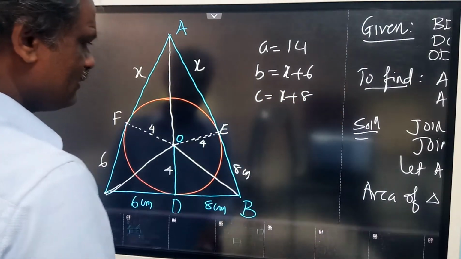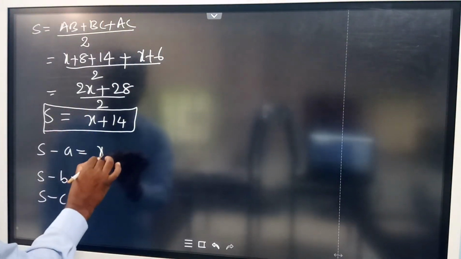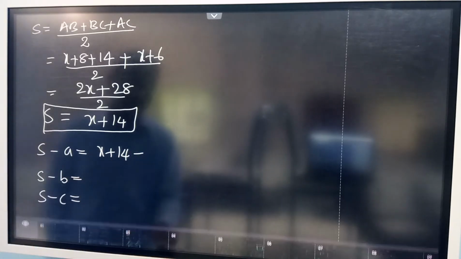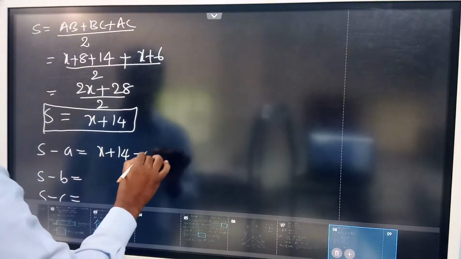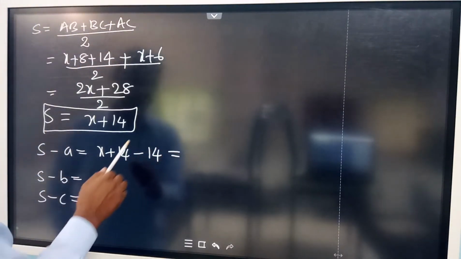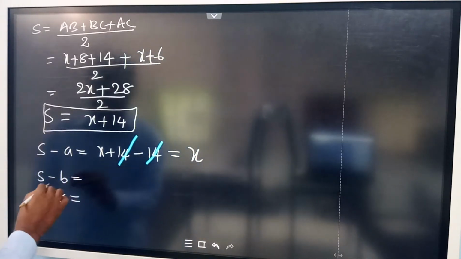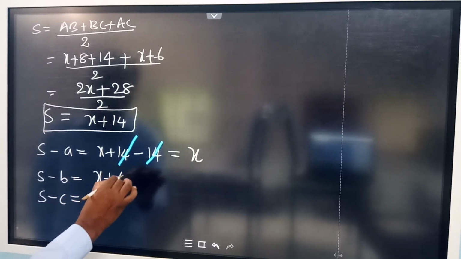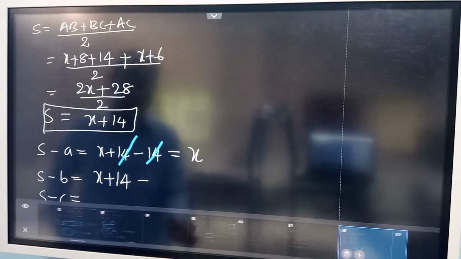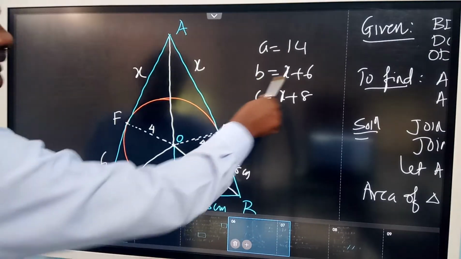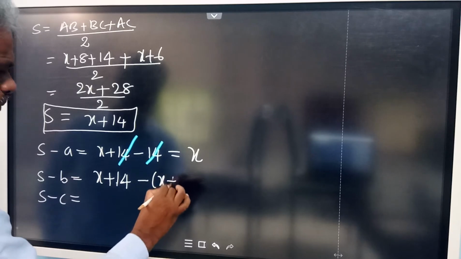So you can substitute here. S means x plus 14 minus the a value. The a value is 14. So here 14 and 14 cancel, and you get the value x centimeter. Similarly, S minus b is x plus 14 minus the b value, x plus 6, so minus of x plus 6.